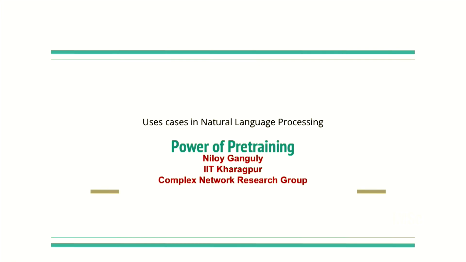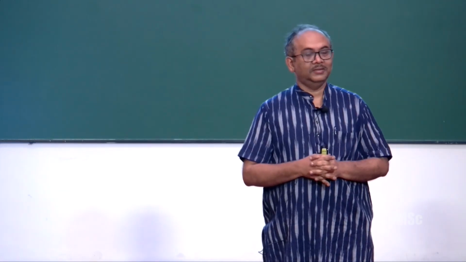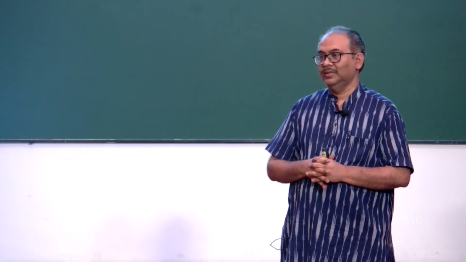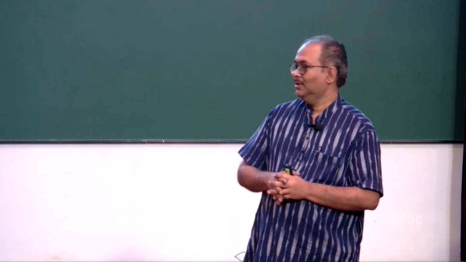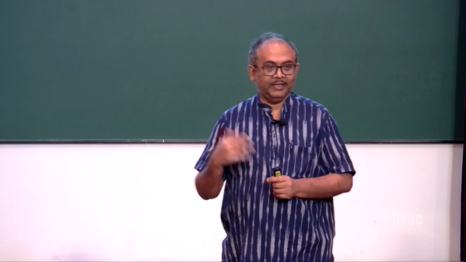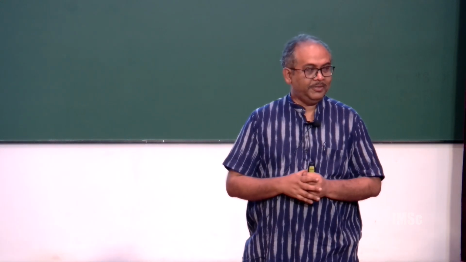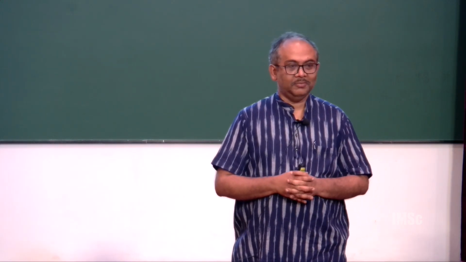So just let me understand the composition of the audience a bit. How many are from a humanities background? All others are from science? Okay, science background, everybody else? And how many of you know the basics of machine learning, beyond what Ravindran told in the morning?